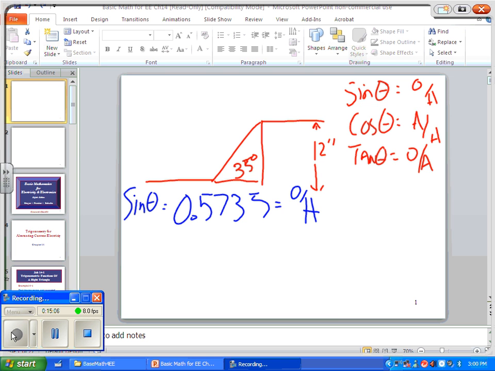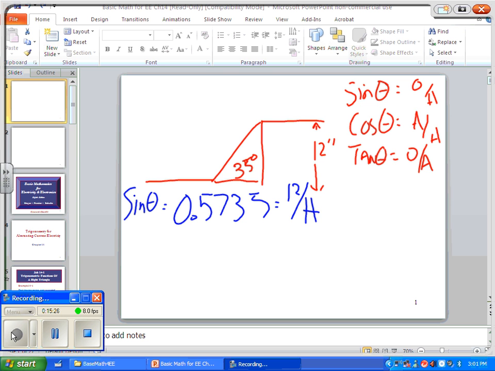We know the side opposite, don't we? So we're going to plug in 12 over h. So now we have two solid numbers. 0.5735 is equal to 12 over h. Everybody agree with that so far? By definition of everything we talked about.